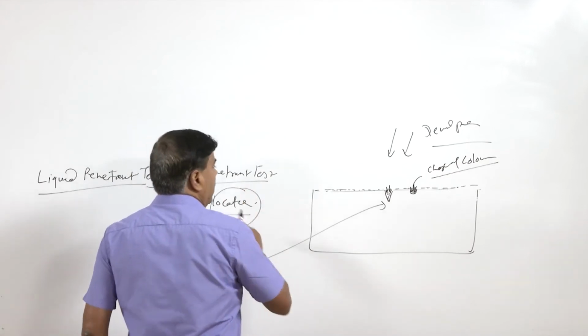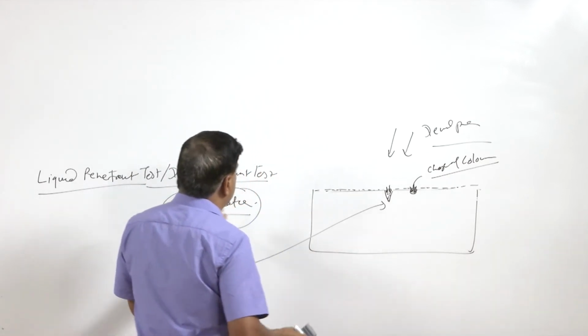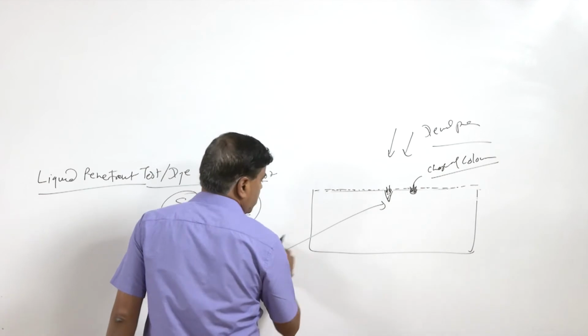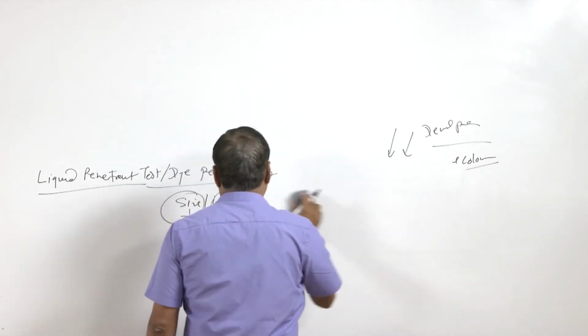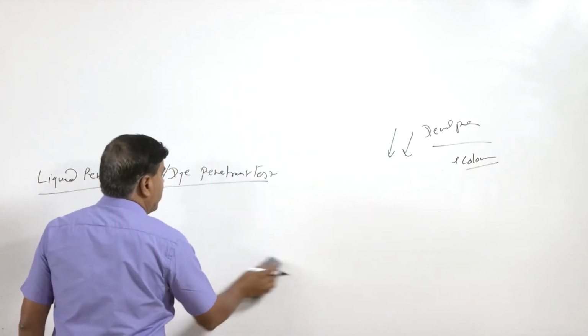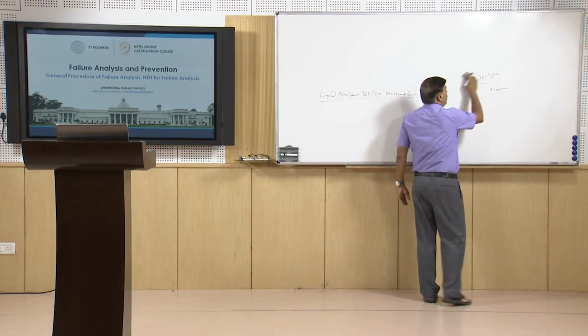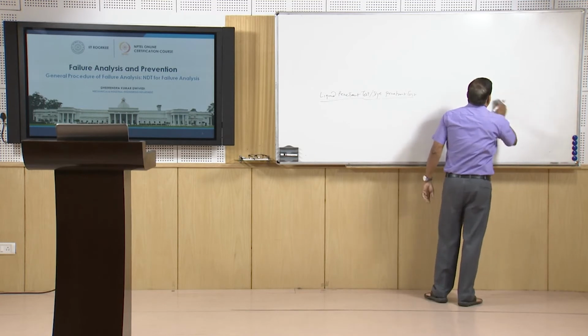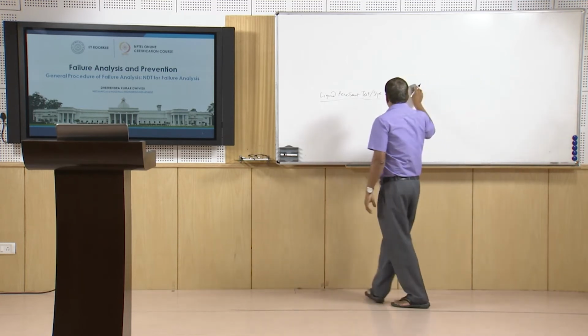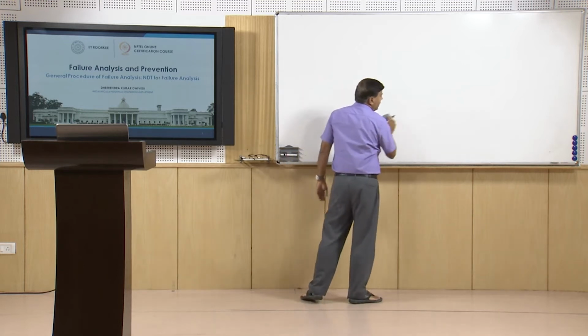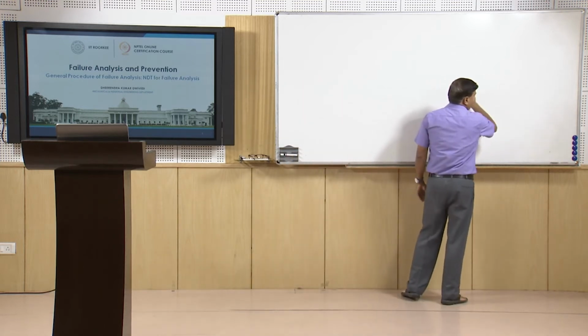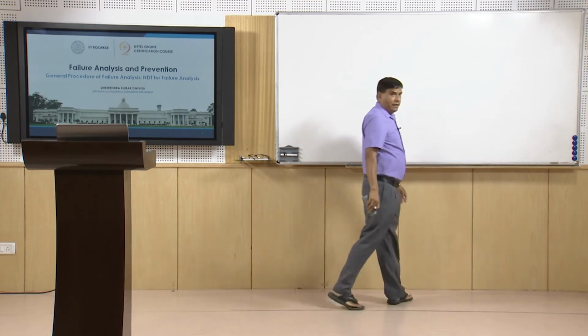Similarly, where the change in color is taking place will indicate the location of such discontinuities. This kind of method can be used on any kind of material, whether it is magnetic, non-magnetic, metallic, non-metallic, electrically conducting, non-electrically conducting, etc.